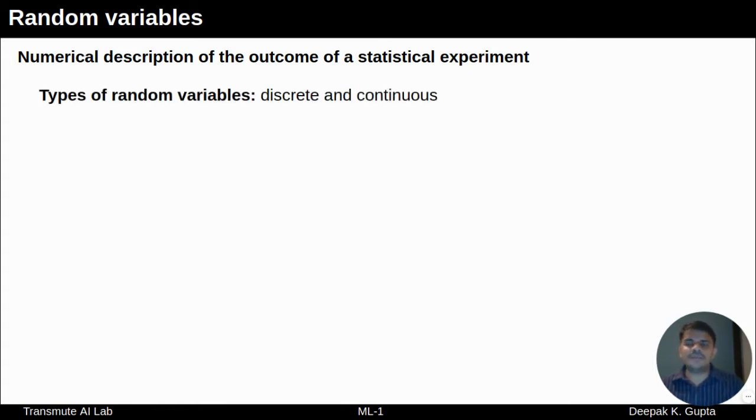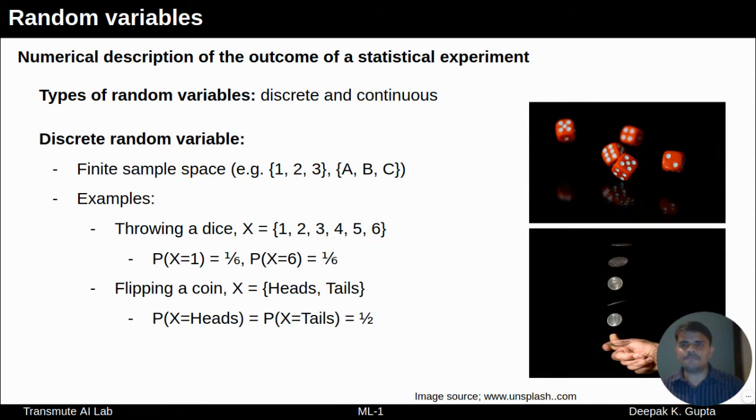There are two types of random variables, discrete and continuous. We will look at each of them one by one. To start with the discrete random variable, the two experiments that I mentioned just now, the dice and the coin, we see them on the right. A discrete random variable has a finite sample space. For example, the results of the experiment can be 1, 2, 3.